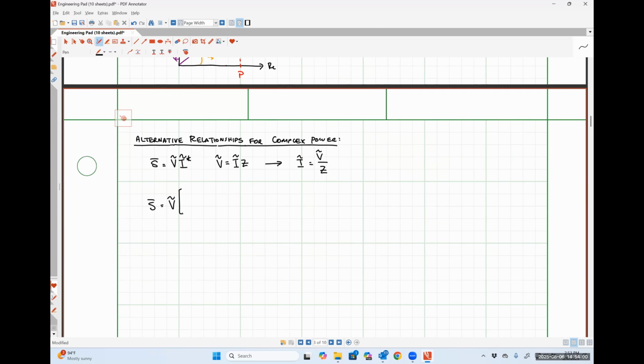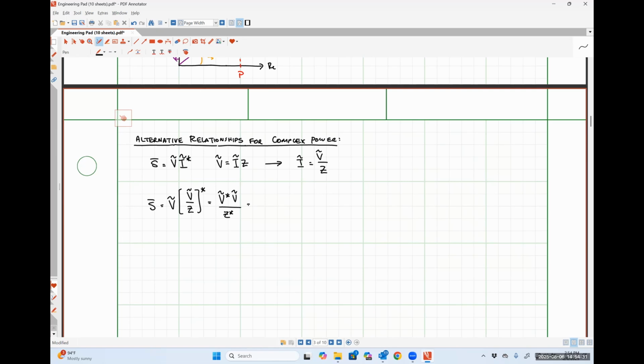So I is V over Z, and then I'm just going to conjugate that guy. Well, conjugating a ratio of complex numbers is the same thing as me conjugating the numerator and conjugating the denominator. So this is going to look like V conjugate times V divided by Z conjugate.